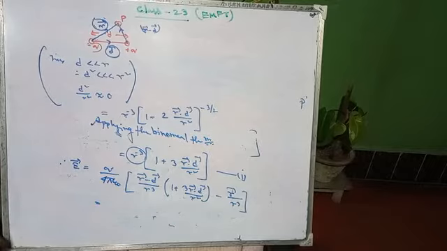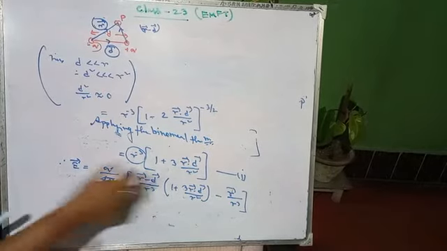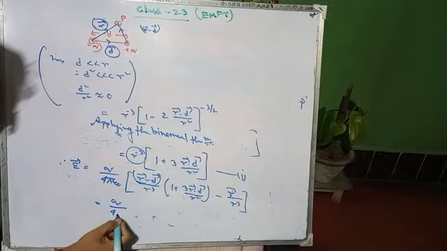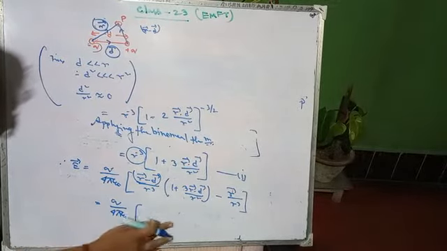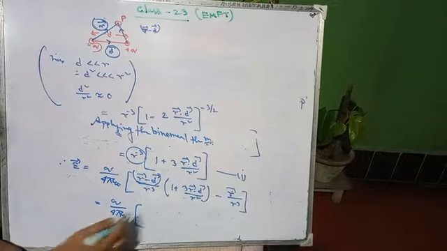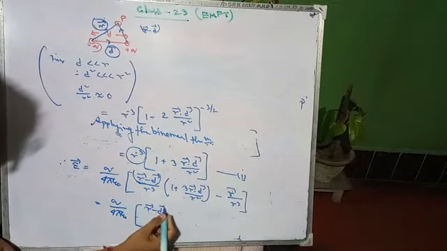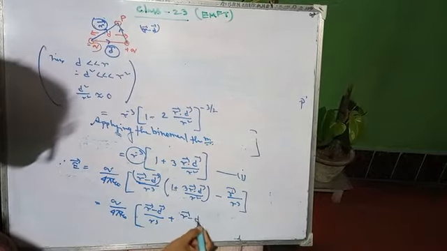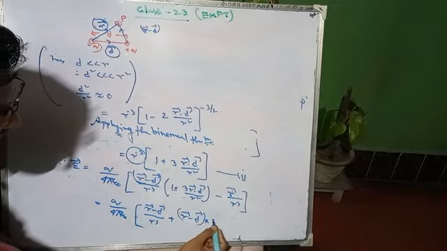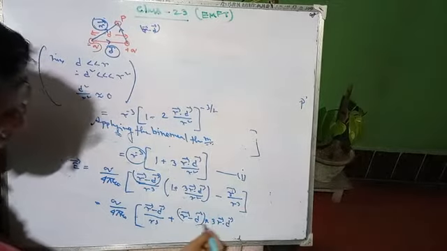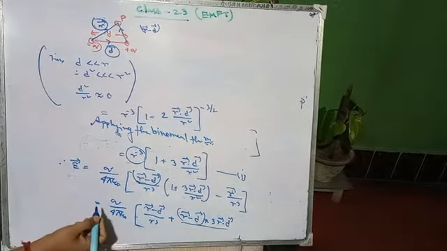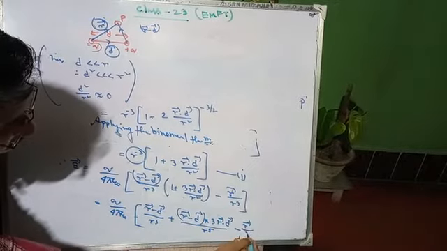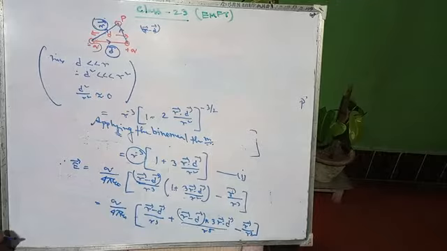Now you have to multiply it, because r vector minus d vector is multiplied with 1, and if we continue calculating, it results in r vector minus d vector by r cube multiplied with 1, plus r vector minus d vector multiplied with 3 r vector dot d vector divided by r to the power 5, and minus r vector by r cube.